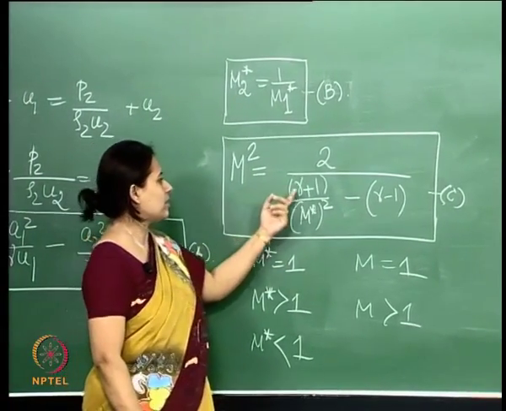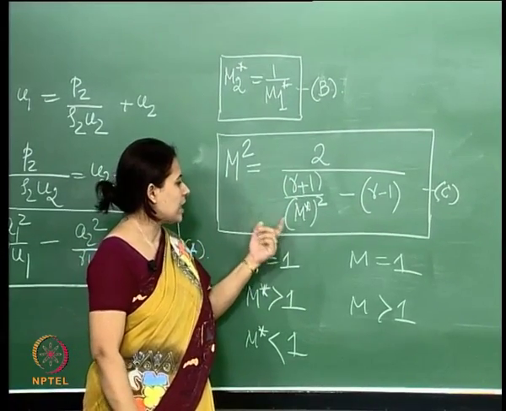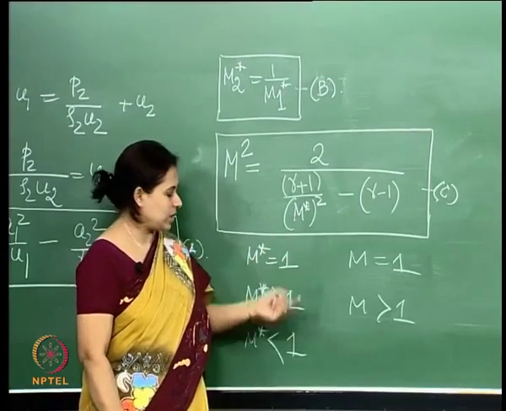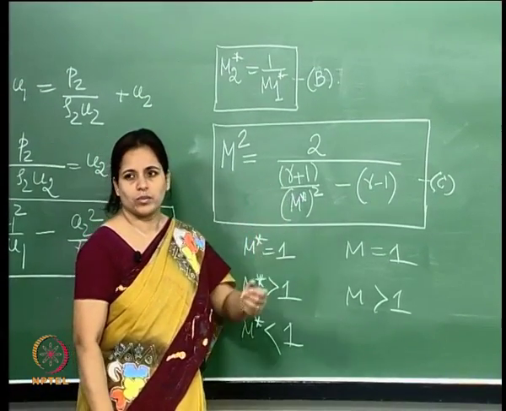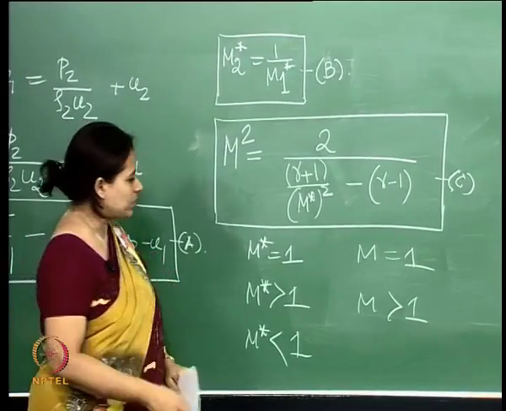Take gamma equal to 1.4, which is the standard value for air, and put an actual value of M star. If it is subsonic, say 0.5 or something, and then see what you get for the Mach number.